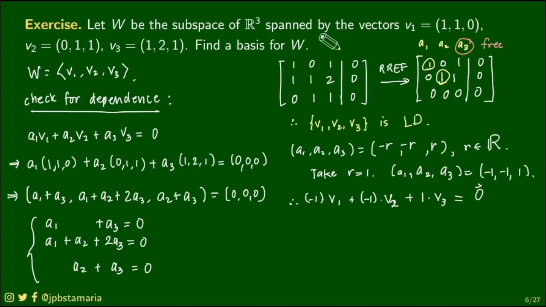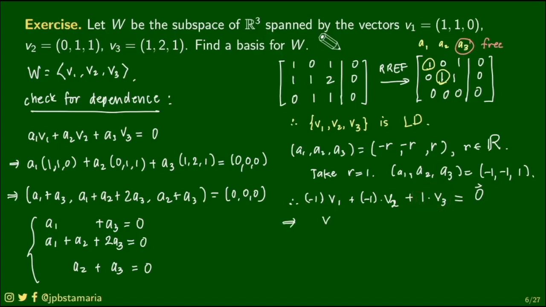Now, do you remember the previous lecture? To determine which vector is redundant, we select the last coefficient that is non-zero. Here, the last non-zero coefficient is this one. What we do is we express this vector in terms of the others.